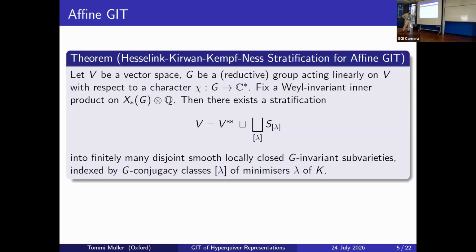The first term in this stratification is the open set of semi-stable points. All the points that aren't semi-stable lie in disjoint strata indexed by G-conjugacy classes of minimizers of the Kempf function. So every point in the space is either semi-stable or has some instability type that's given by the maximally destabilizing one parameter subgroup.